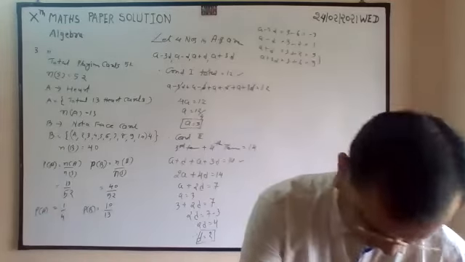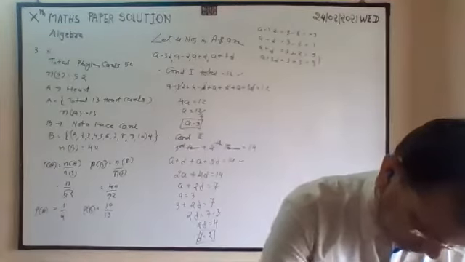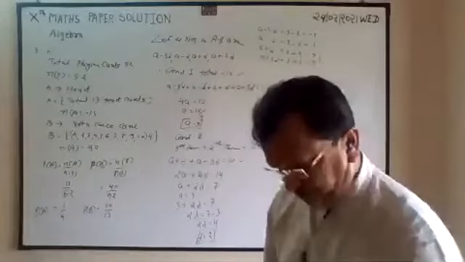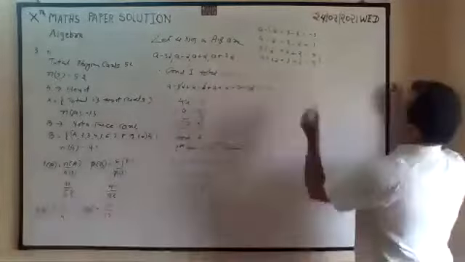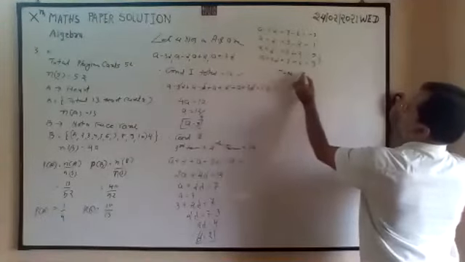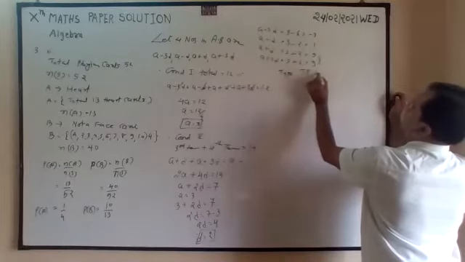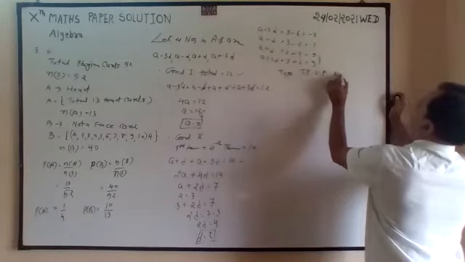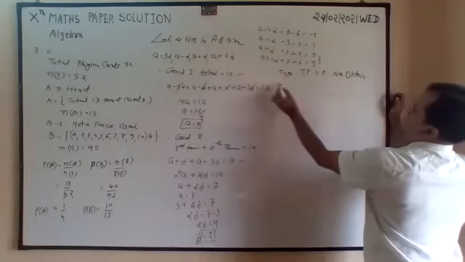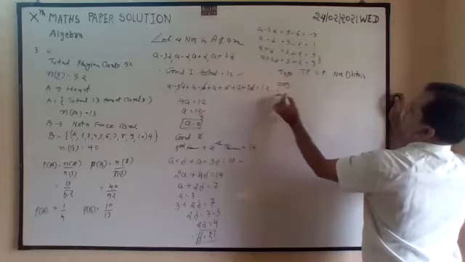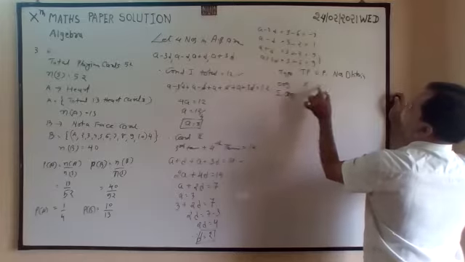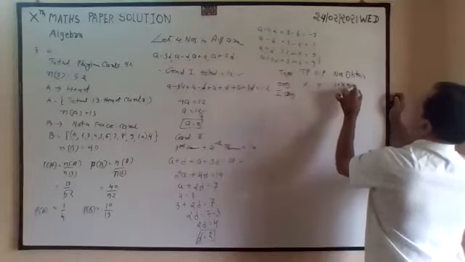Two-digit number. Type, tenth place, unit place, number obtained: original, interchange. Suppose this is x, this is y, so this is 10x plus y.